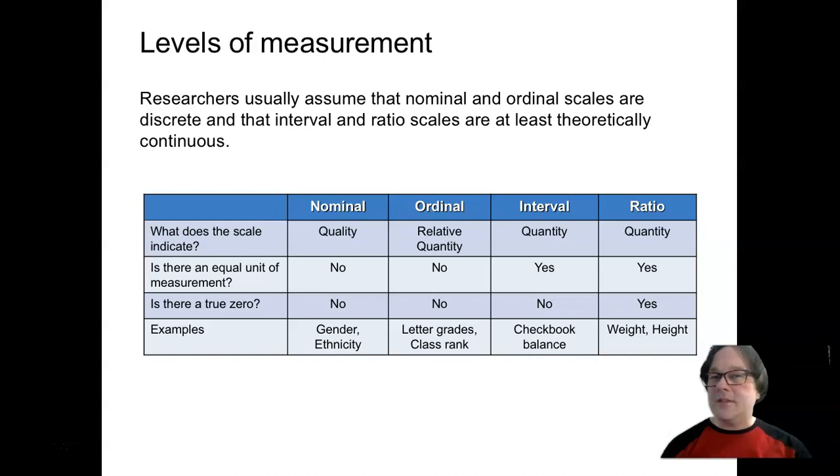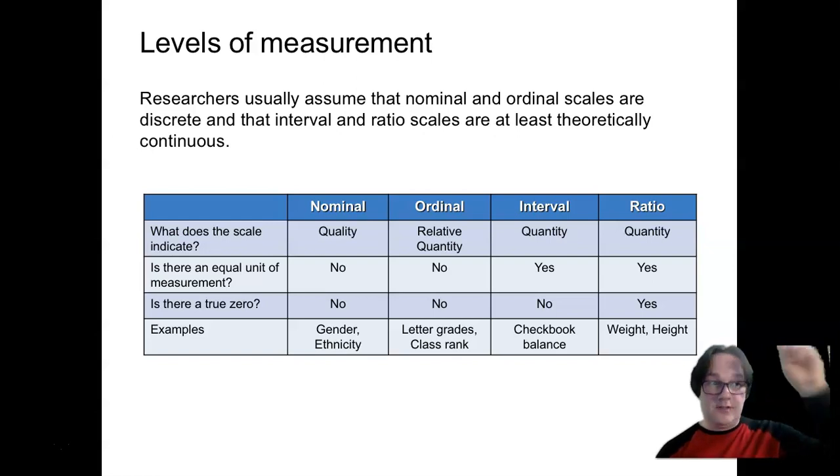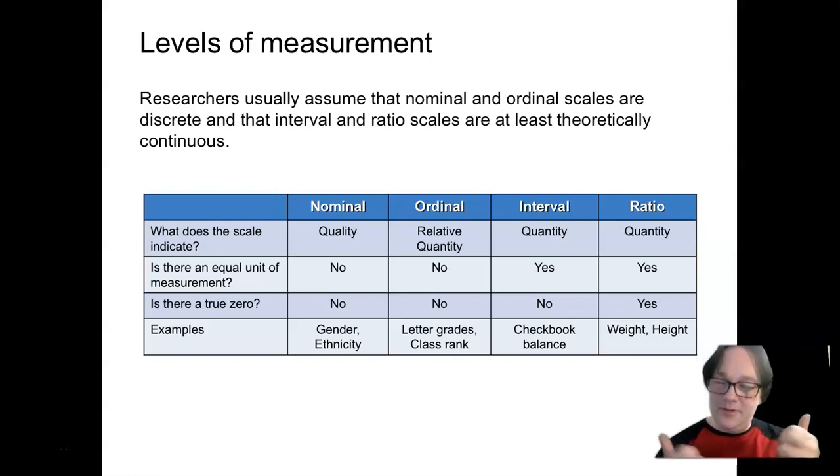Well, you have to circle one of those numbers, right? Some students will actually pencil in 5.5, right? And it's like, well, good for you. You're trying to make this a legit continuous scale. So that's what I mean by theoretically.